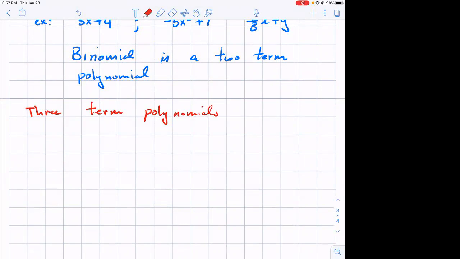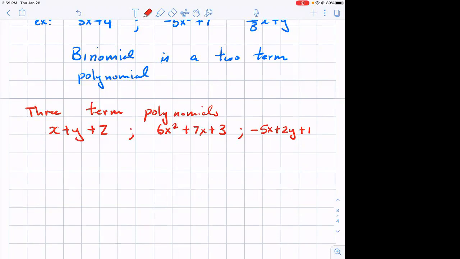Three-term polynomials could be x plus y plus z, or 6x squared plus 7x plus 3, or minus 5x plus 2y plus 1. So these are all three-term polynomials, okay?